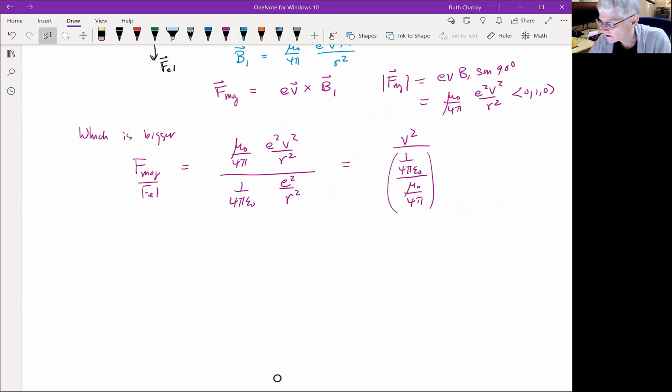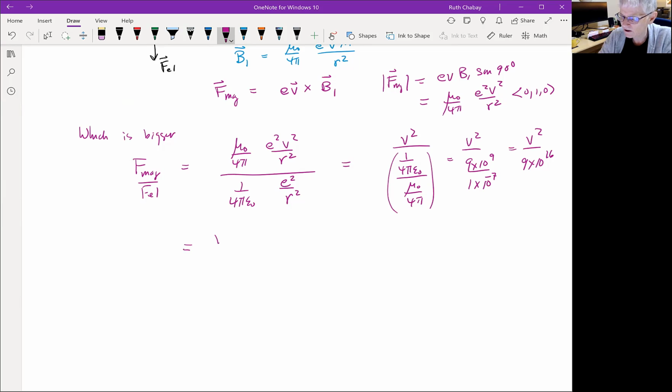And that gives us V squared divided by 9 times 10 to the 9 over 1 times 10 to the negative 7. So that's V squared over 9 times 10 to the 16th.